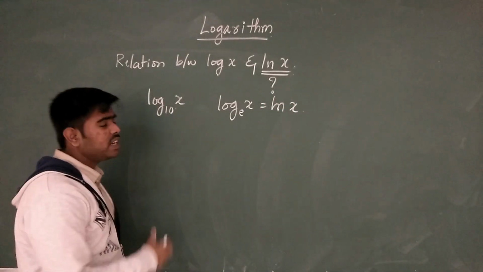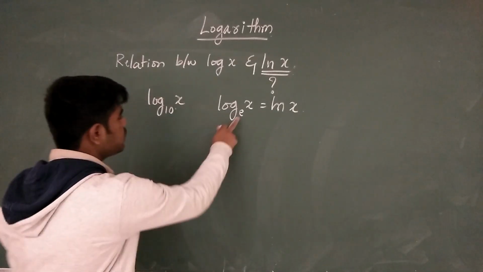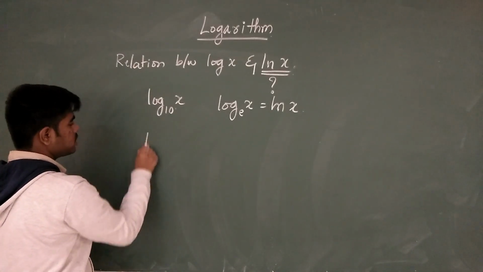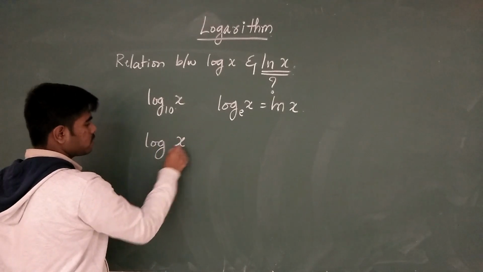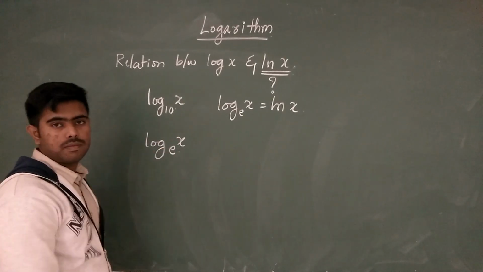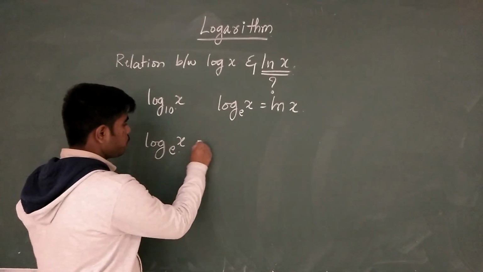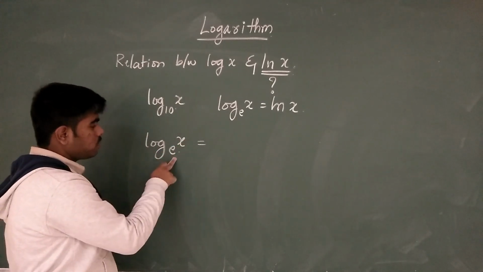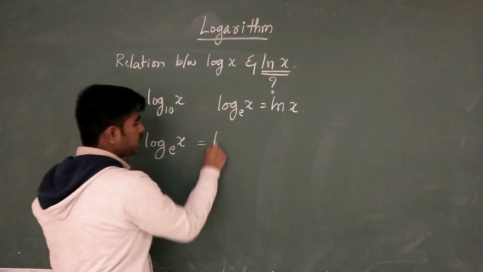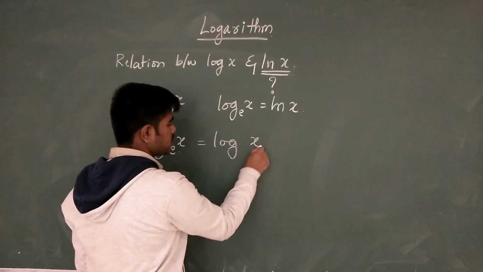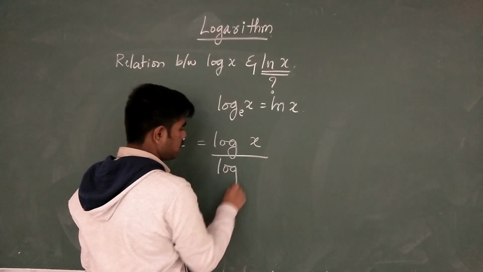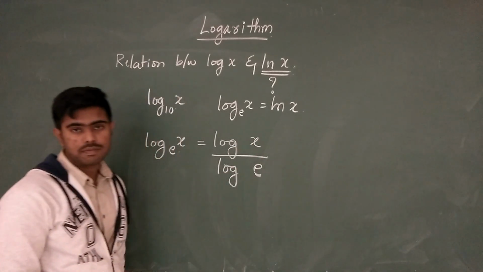So what is the relation between these two? If I consider this, I can write this as log of x to the base e. As this is log of x to the base e, using the property I can write this as log x divided by log e to some base.